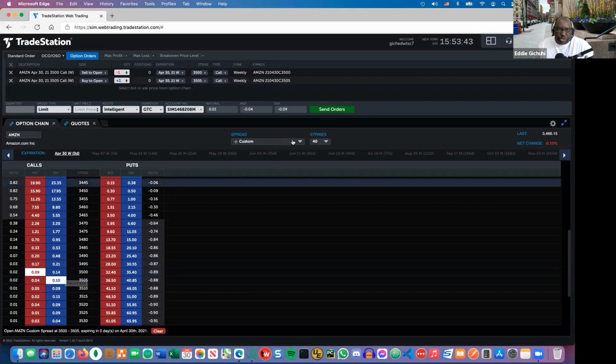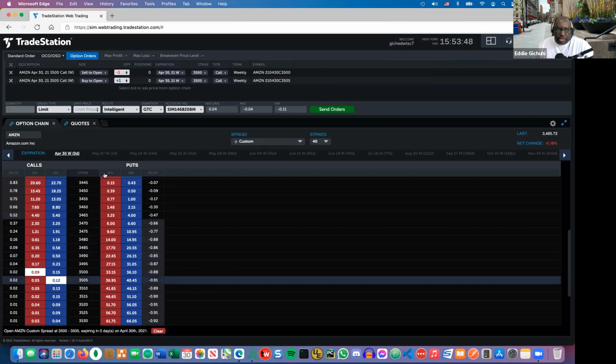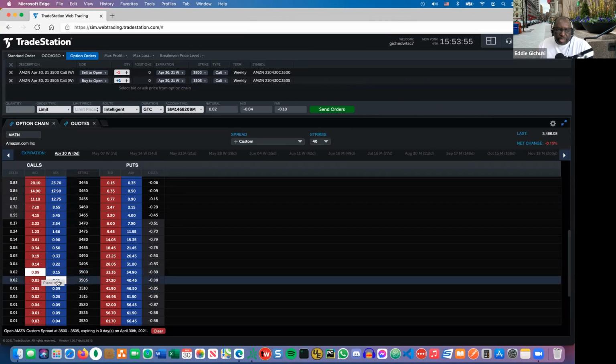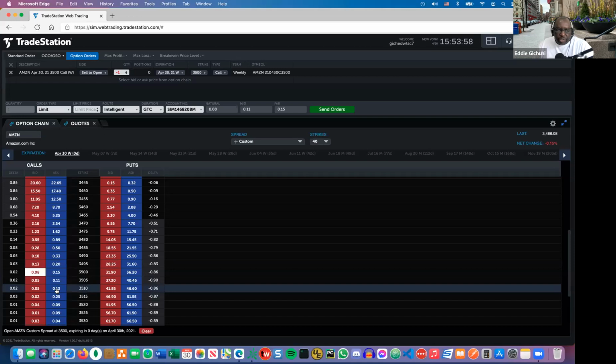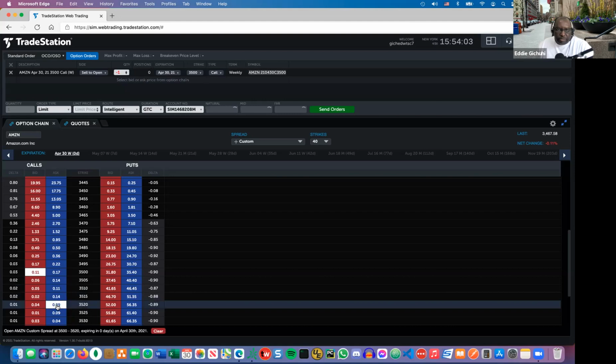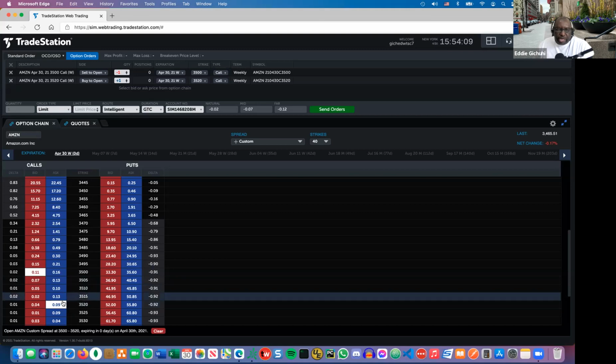And that's why it's a lot easier if you just click on verticals and construct it like that. Notice that the kind of premium that I'm selling, I'm not getting a lot of premium, so I'm going to go out a little further. Nope, maybe even go a little further. There's pretty much no premium right now.